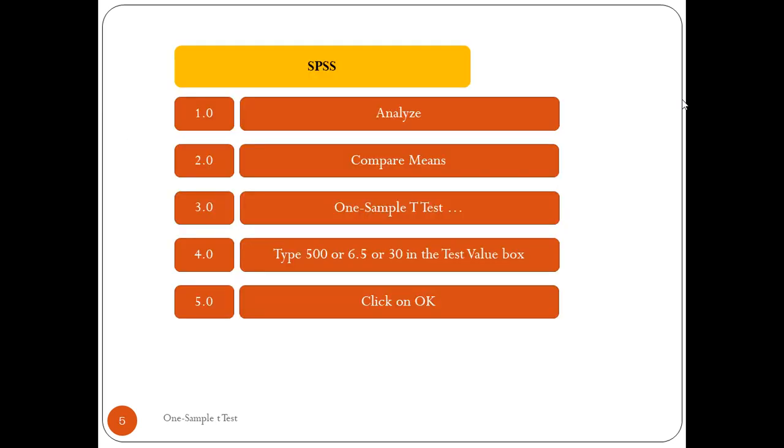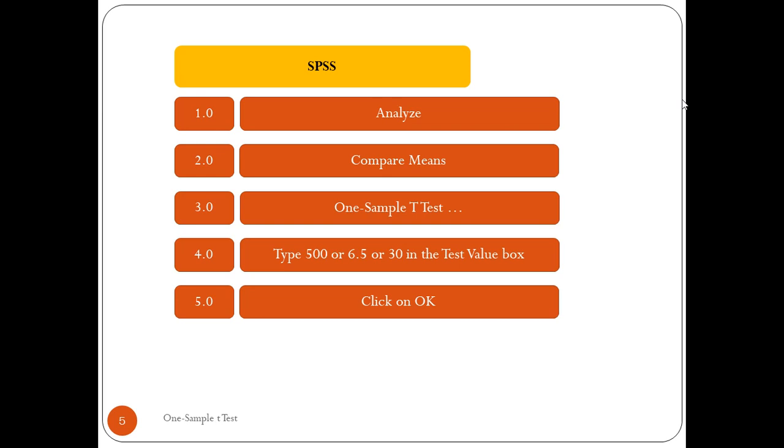Okay, so now it's time for us to break a little bit, a moment of silence, so that I can switch to SPSS data, so that we can perform one sample t-test together. Okay, don't forget everyone. Analyze, compare means, one sample t-test, and then we're gonna enter the test value.